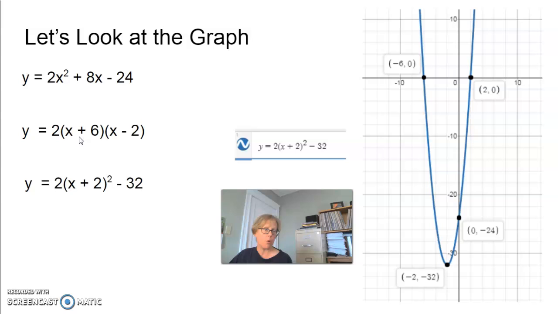So when x plus 6 is equal to 0, the x has to be negative 6. So right here, here's one possibility: when y is 0, x could be negative 6. The other factor could be 0 too. This relates back to the whole zero product property. If x minus 2 has to be 0, x would have to be 2. So sure enough, another possibility when y is 0 is that x could be 2.